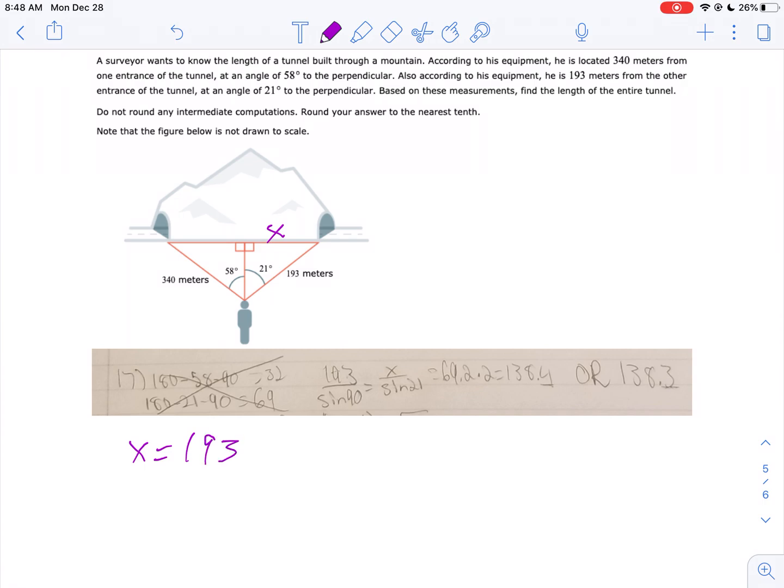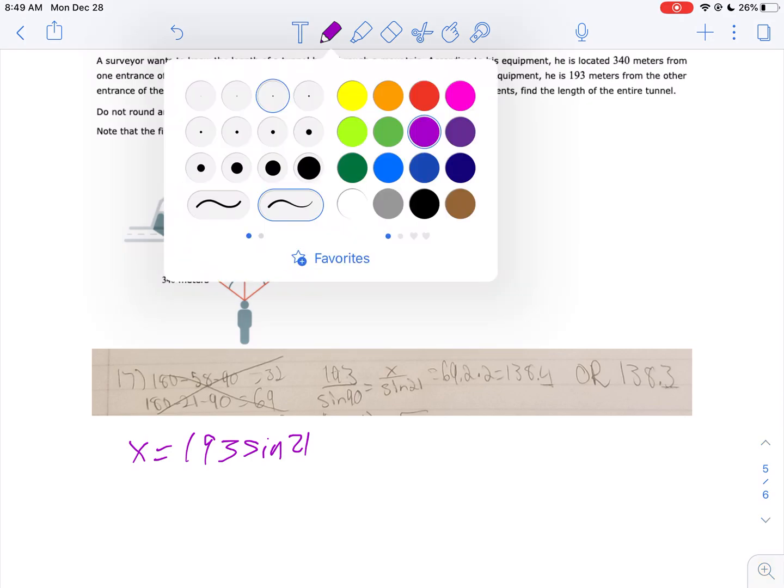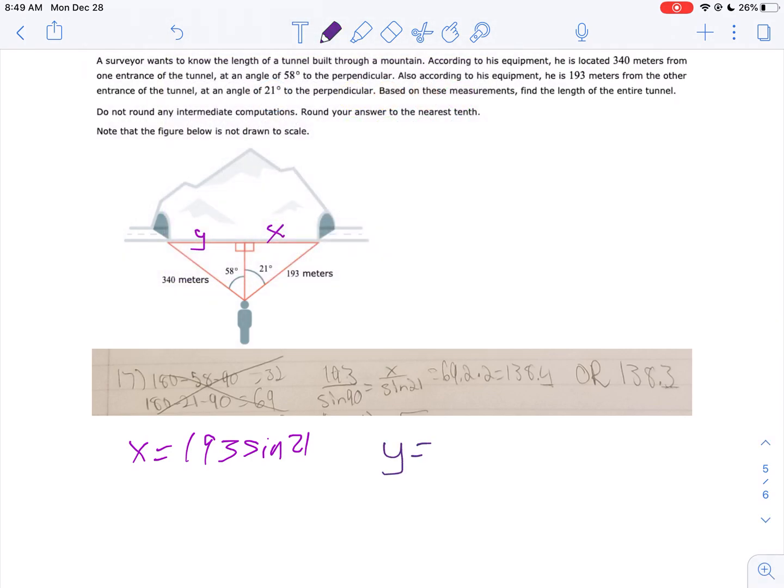193 times the sine of 21. And we'll do the same thing. I'm going to call this y. We can do it the same way. Y then is 340 times the sine of 58. We're going to add those two up. So we're going to say, take 193 times the sine of 21 plus 340 times the sine of 58.